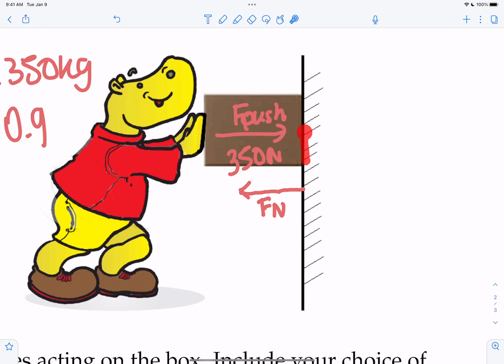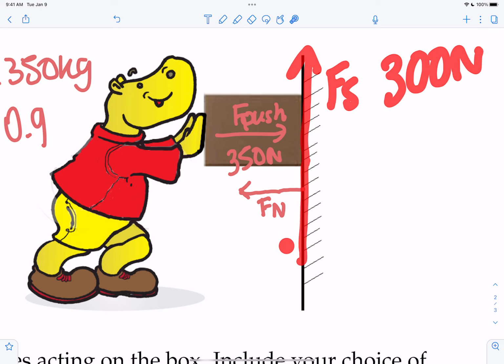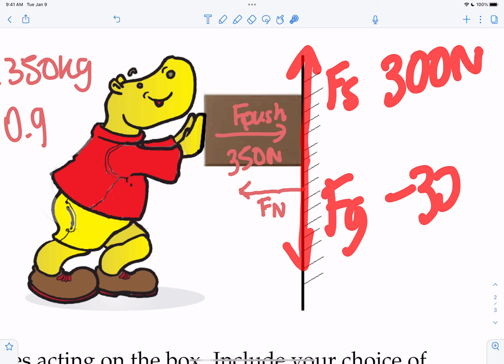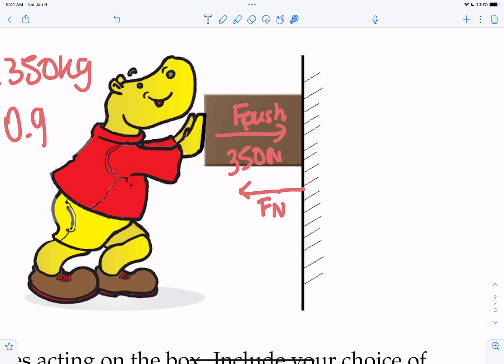So if I had a static friction force of 300 newtons and a gravity force of negative 300 newtons, well, if I added them up, 300 minus 300, that's 0. So I have to make sure that my forces are opposite each other, equal in magnitude, essentially.